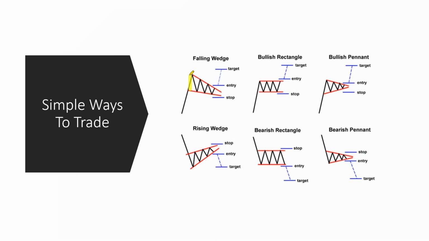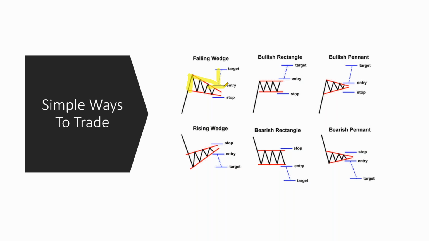The base of the pattern, whether a triangle, a wedge, or a channel, is when both the support and resistance lines are in play. So it's the difference of this move that would set our target point.